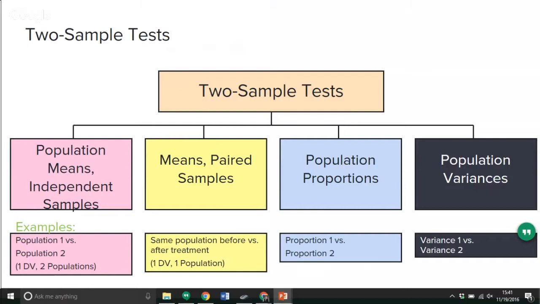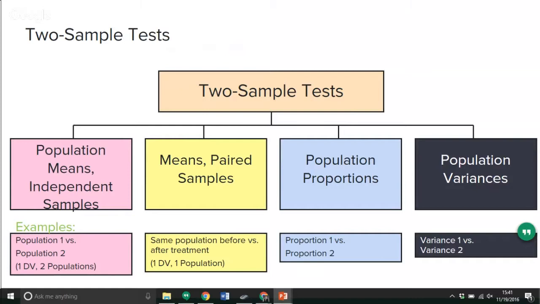This contrasts with paired sample t-tests, in which you frequently have two dependent variables with one population. Paired sample t-tests mean that there are two different measures related by the same population, which means that one person is measured twice, okay?